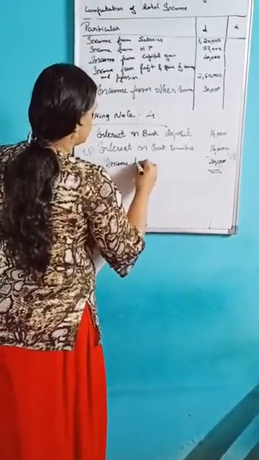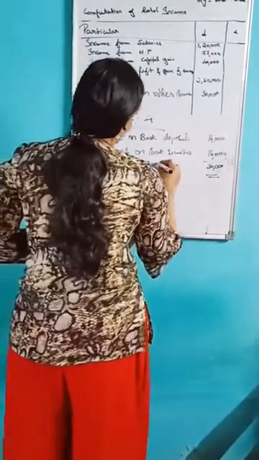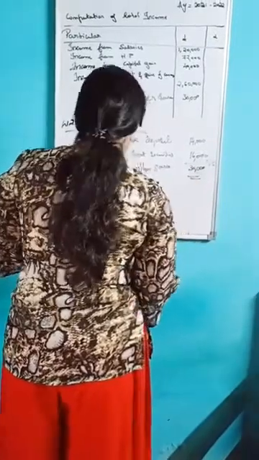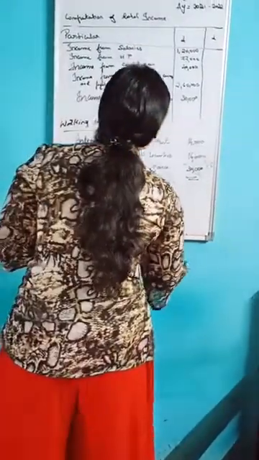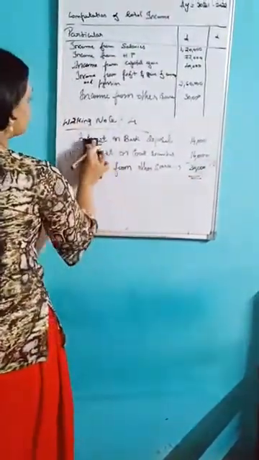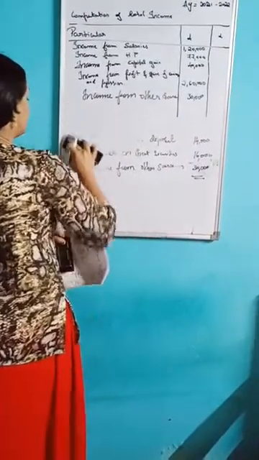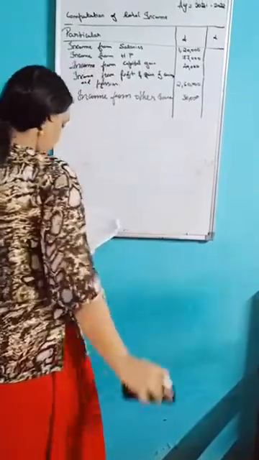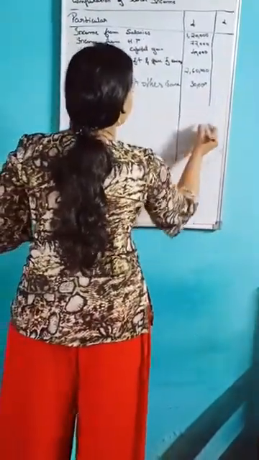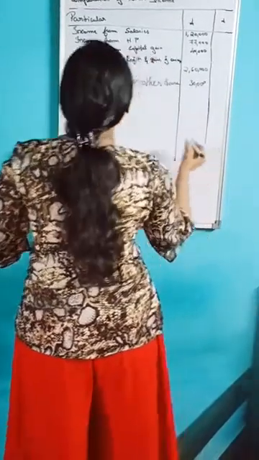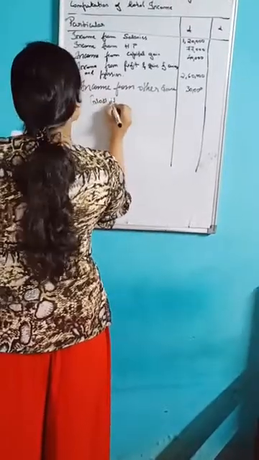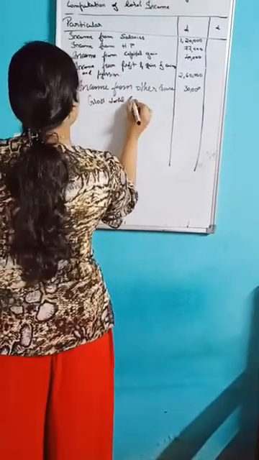Income from other sources. Okay. After calculating the five heads, you should add them, that is gross total income. So gross total income.